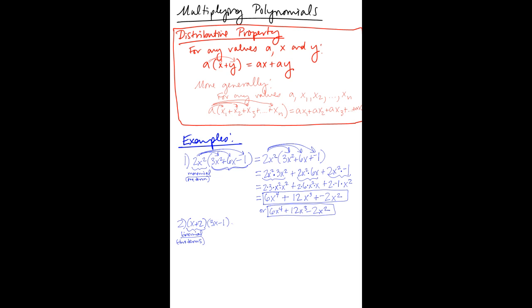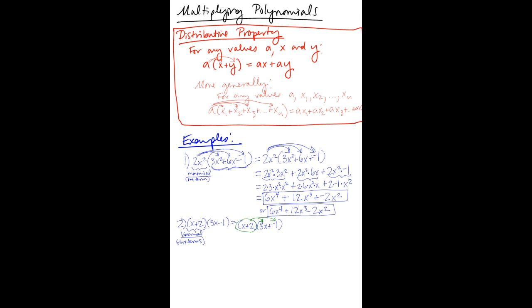So again, just as I did before, I'm going to start by writing everything out as addition, and then I'm going to stop and think, is there a way I can use the distributive property here? So here I've got x plus 2 times 3x plus negative 1. Well, there is a way for me to use the distributive property here if I get a little creative. If I just treat this whole binomial as a single piece and distribute it to each piece in here, I could certainly do that.